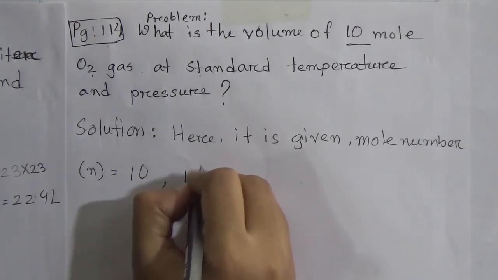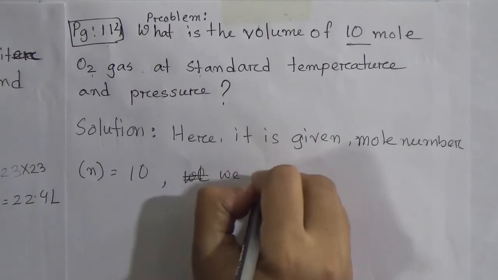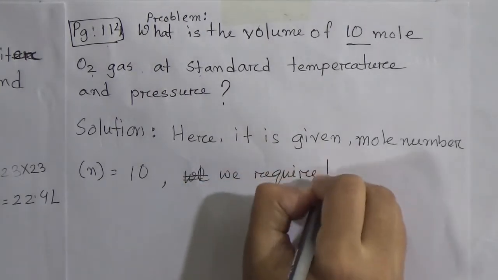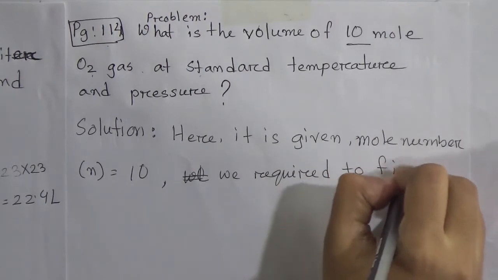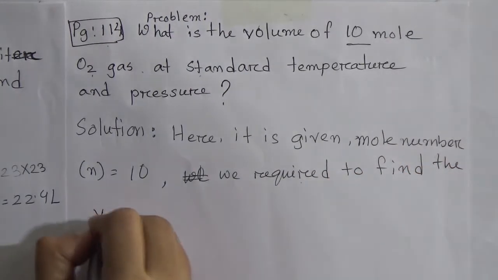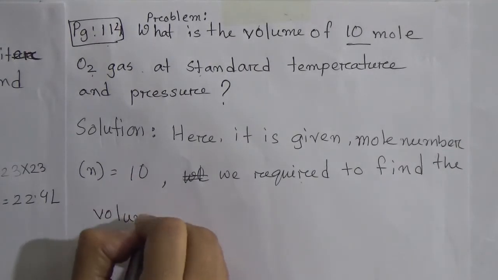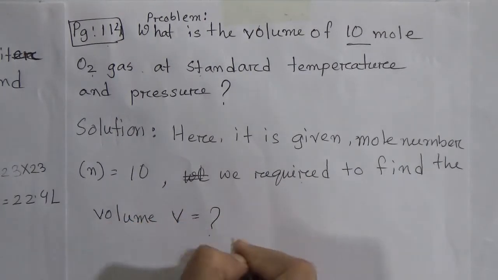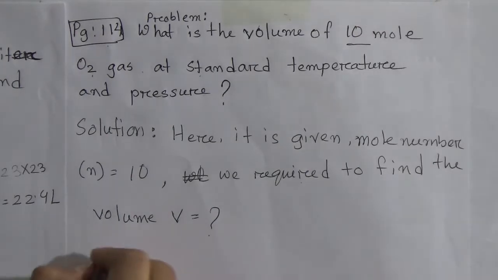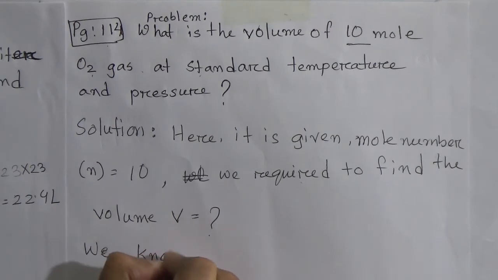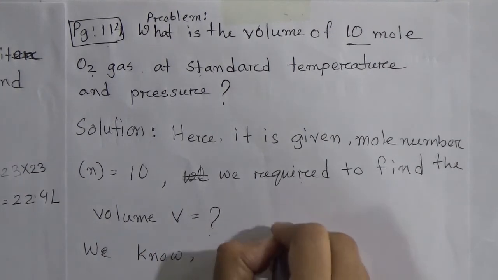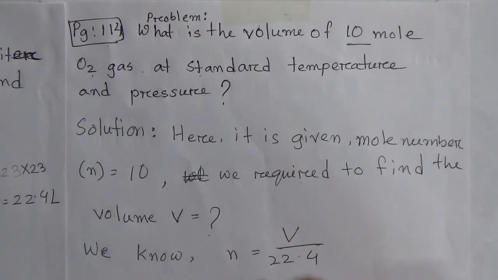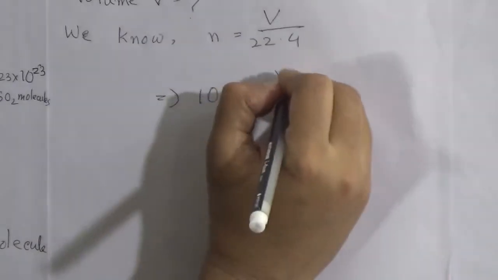To find the volume, that means V is equal to what? By using the second formula, we know small n is equal to V by 22.4, and n we know is 10, and volume we have to find out.